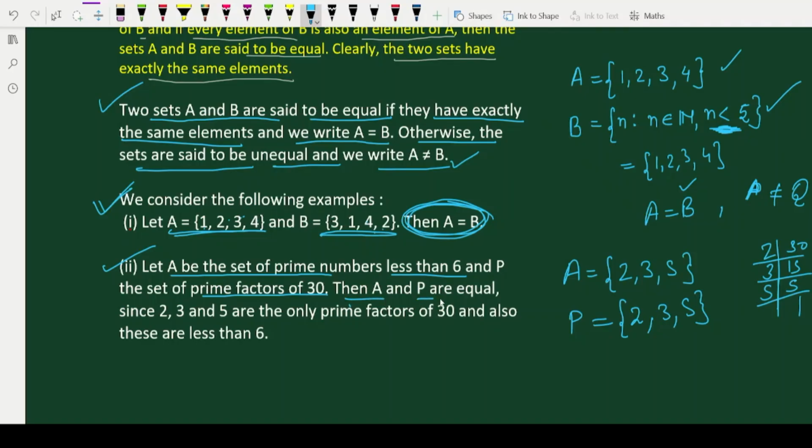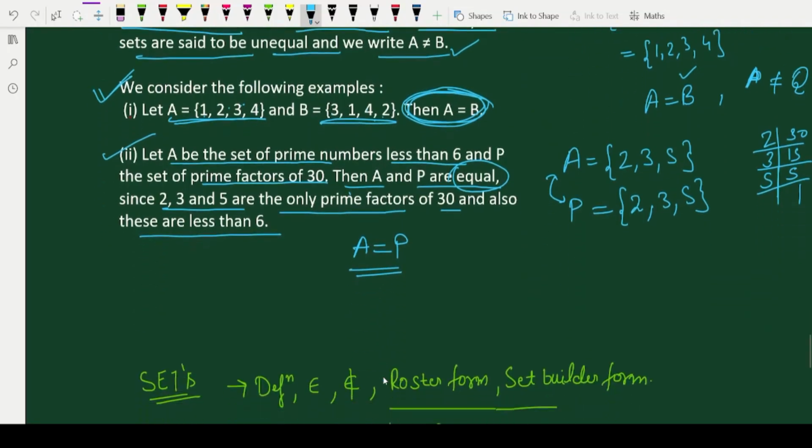Are A and B equal? Yes, A and B are equal. Since 2, 3, 5 are the only prime factors of 30 and also these are less than 6, this implies A equal to B. I hope you understand very well.